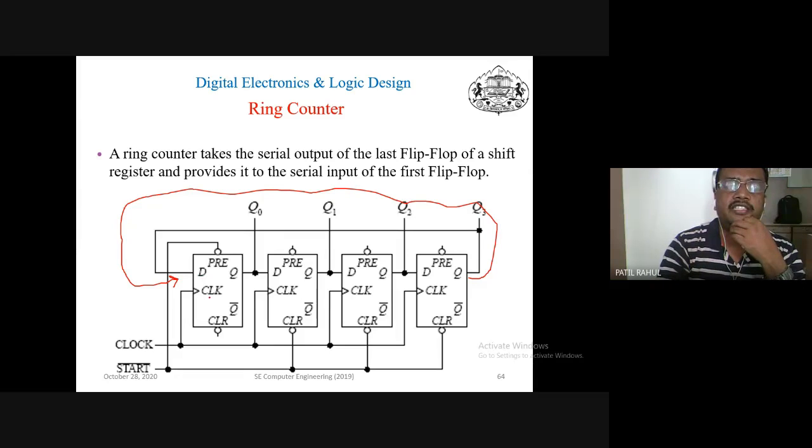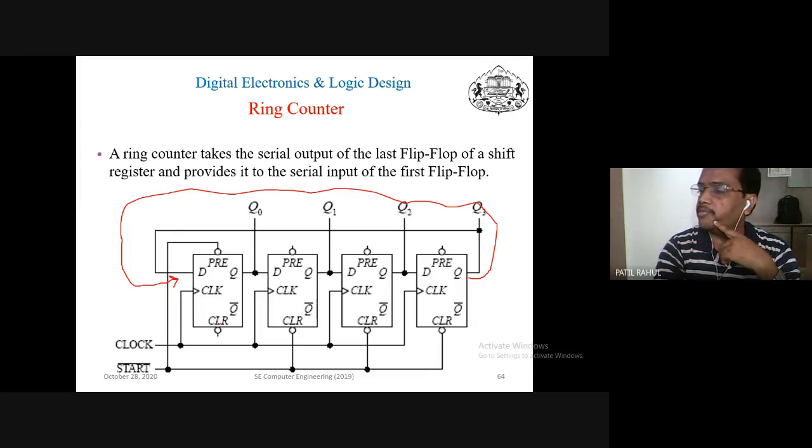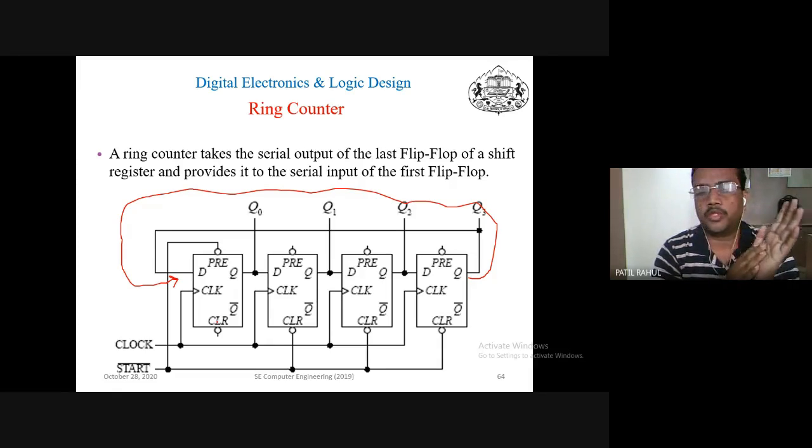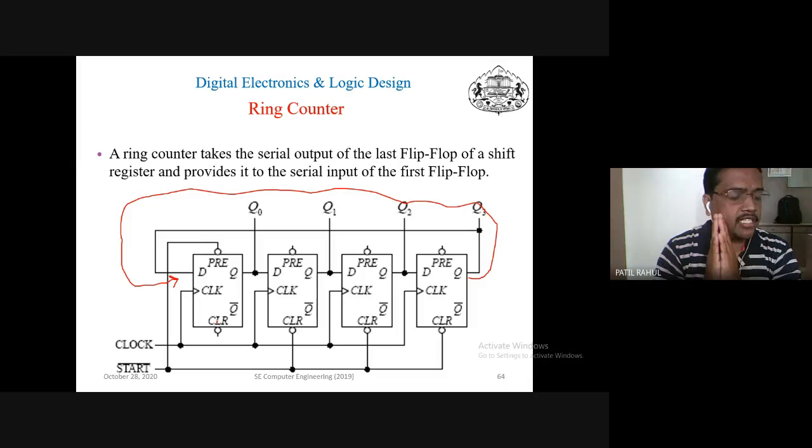Next, there are 2 inputs: one is the preset and the second is the clear. These 2 inputs are nothing but the asynchronous inputs. If you apply signals to preset and clear, then there is no effect of the external input signal. Means if you use this signal, whether it is preset or clear, on any D flip-flop, then there is no effect of any external inputs.